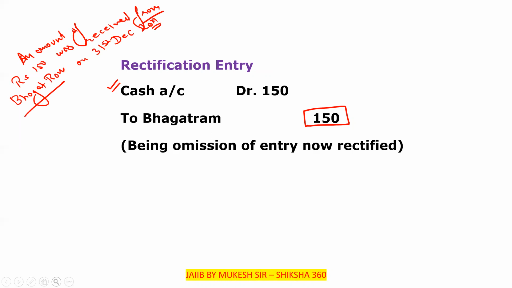So we have to credit the account of Bhagat Ram. But here we actually forgot to do the entry. Being an omission of entry, it is now being rectified. Cash account we have to debit and Bhagat Ram account we have to credit here.